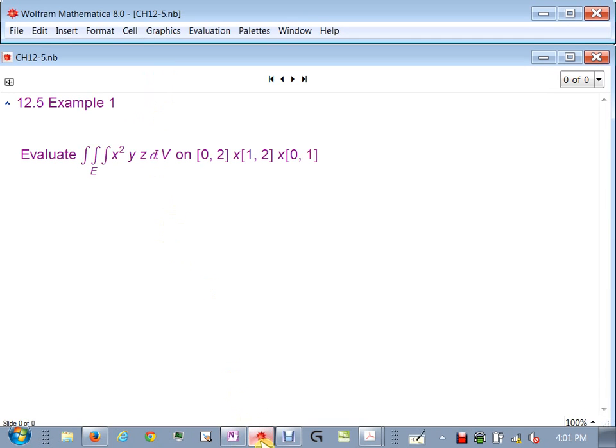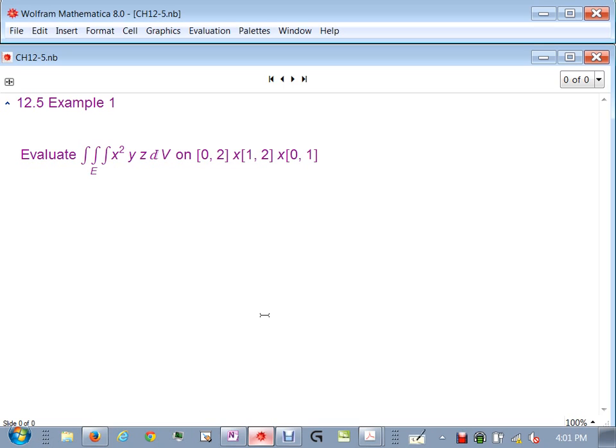Before I write, I should probably point out with this notation where you have the closed interval, cross closed interval, cross closed interval, that's not a cross product, right? If they don't tell you which is which variable, it's always assumed x, y, z. That's always the assumption here. So this is your x interval, y interval, z interval.